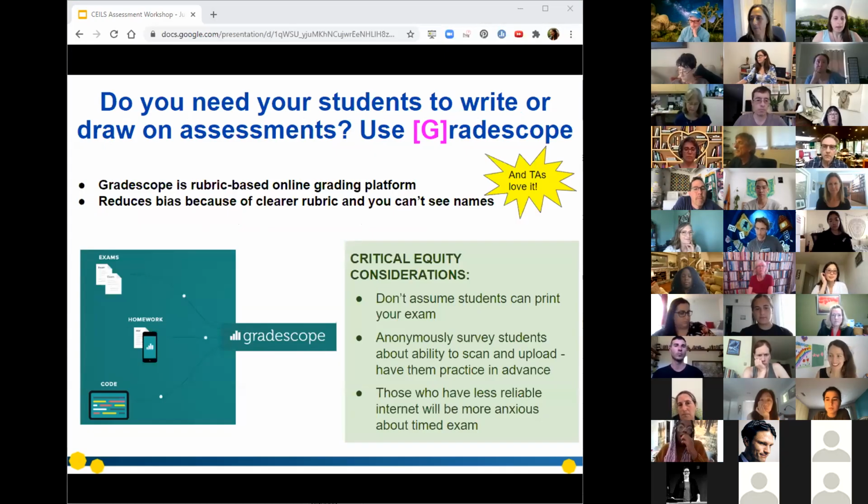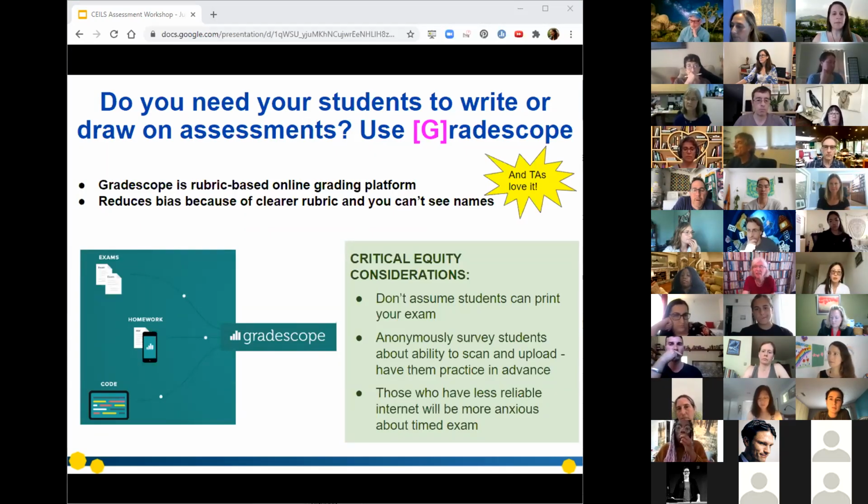Katie? Yeah, so a lot of the time, folks, when you have to write more on an exam, are concerned about work for their TAs maybe, or being consistent in the grading. And so GradeScope is actually a tool that you can use that helps with transparency for your students when you do the grading.